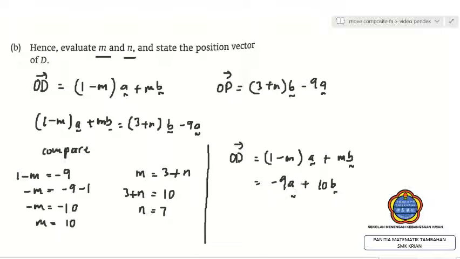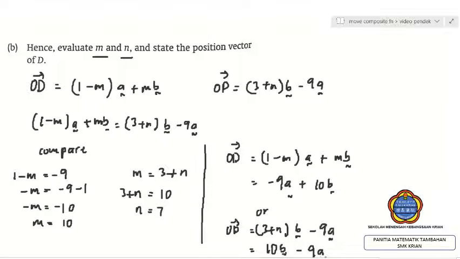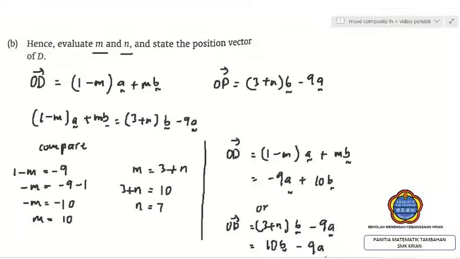Or if a student uses OD as equal to 3 plus n bracket b minus 9a, it is equal to 3 plus n, also 10b minus 9a. The answer is the same, 10b minus 9a and negative 9a plus 10b, both are the same answer. So finish for this question. Next we do the second question, which is a more challenging question in SPM format.